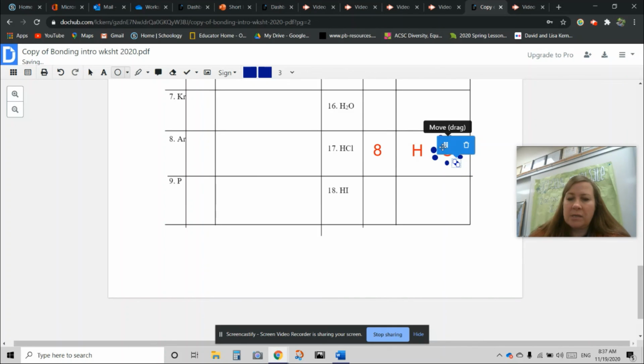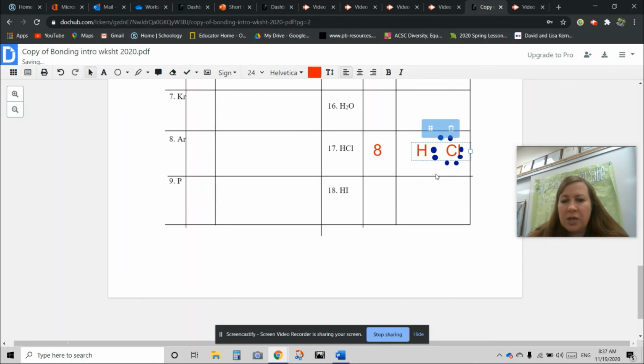So then I'm going to ask, how many does each element have at this point? And actually, if we move this hydrogen a little closer, it can share those valence electrons with chlorine. Let's move chlorine back a bit. There we go. So this is what that would actually look like.